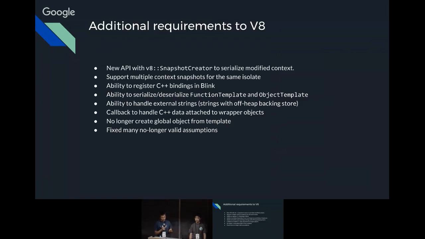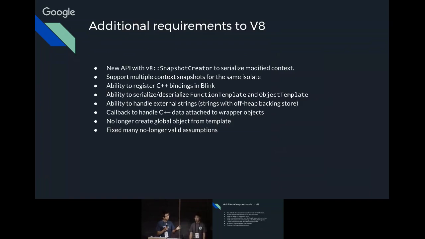And we also have objects in V8 that reference data directly on the C++ heap. In order to serialize those, V8 doesn't really know how to read those data. So instead, we introduce a new callback that calls into Blink to ask Blink to serialize it for us.